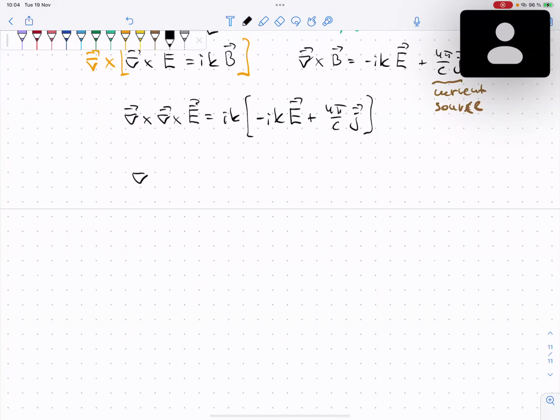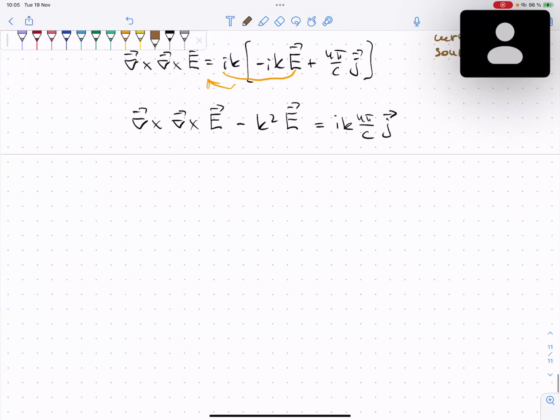So in the end, we have the following equation for the electric field: the curl of the curl of E, we put this on the left side, minus k squared E equals ik 4π over c J. Also, when we have divergence of E equals 0, we can write that the curl of the curl of E equals minus the Laplacian of E and get the usual form of the Helmholtz equation.